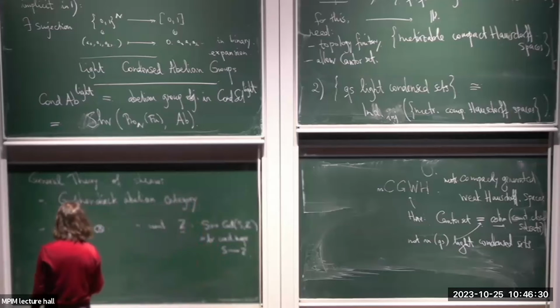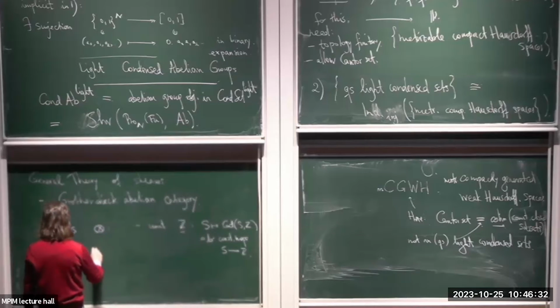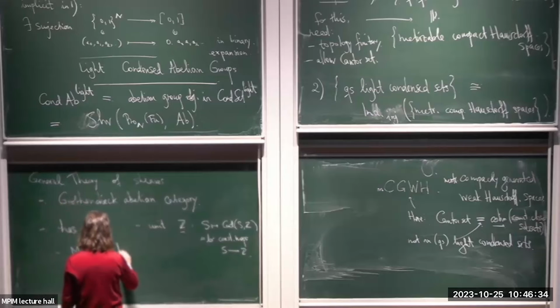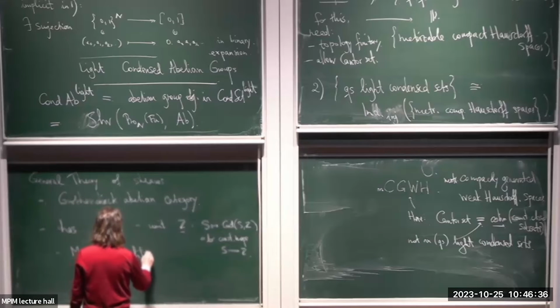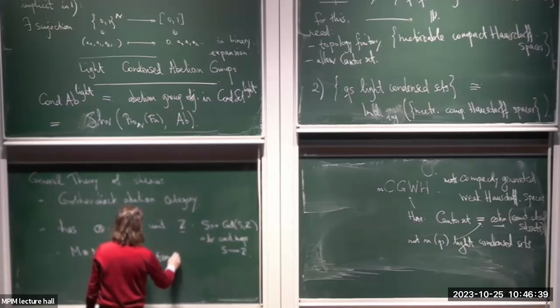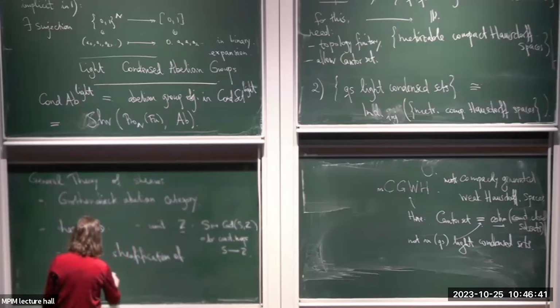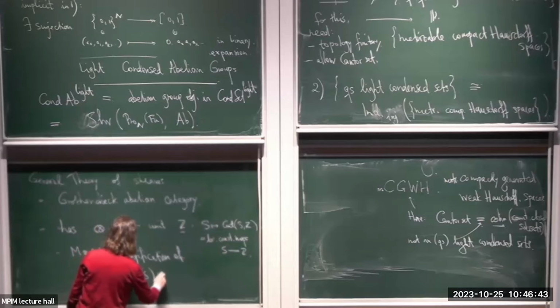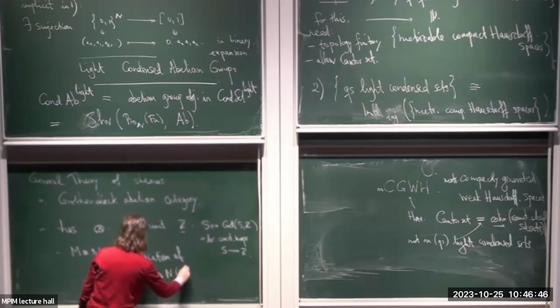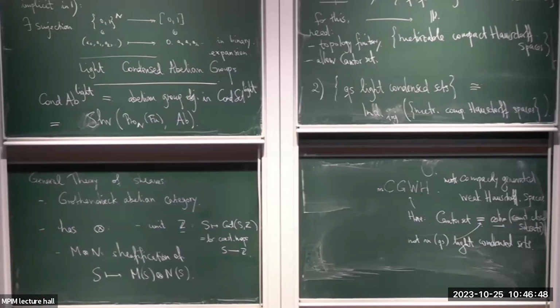And if you have two guys, then M tensor N is a sheafification of the pre-sheaf that sends any S to the tensor product. Right, so this is just some functor from light profinite sets to abelian groups. So that's called a pre-sheaf, and then you can always sheafify and force a sheaf.